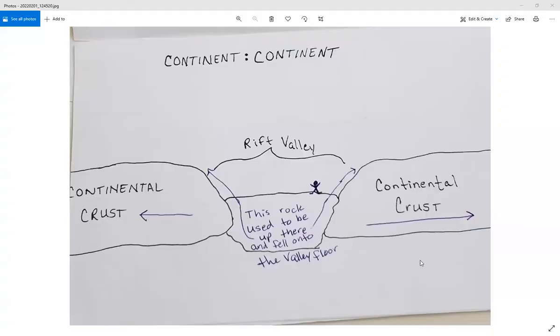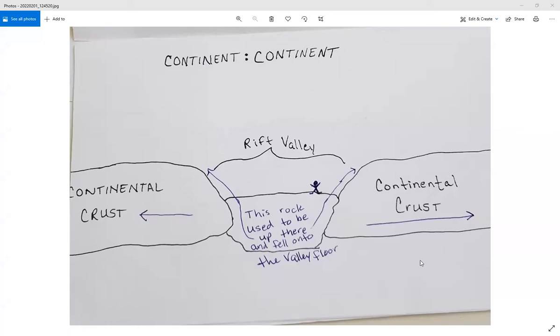So you have a piece of continental crust that's pulling away from another piece of crust. Usually that means a continent is being ripped apart for whatever reason. And what happens is the rock that's in between falls, and it forms something called a rift valley. As you can see my tiny little person there.